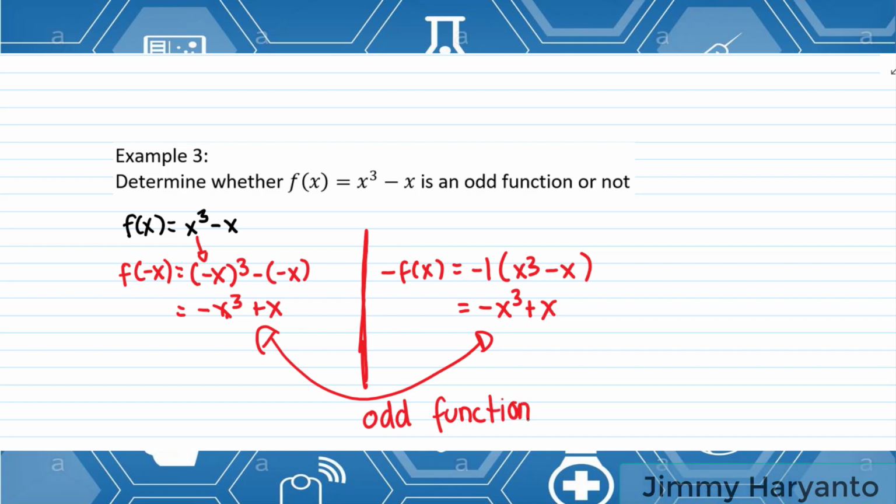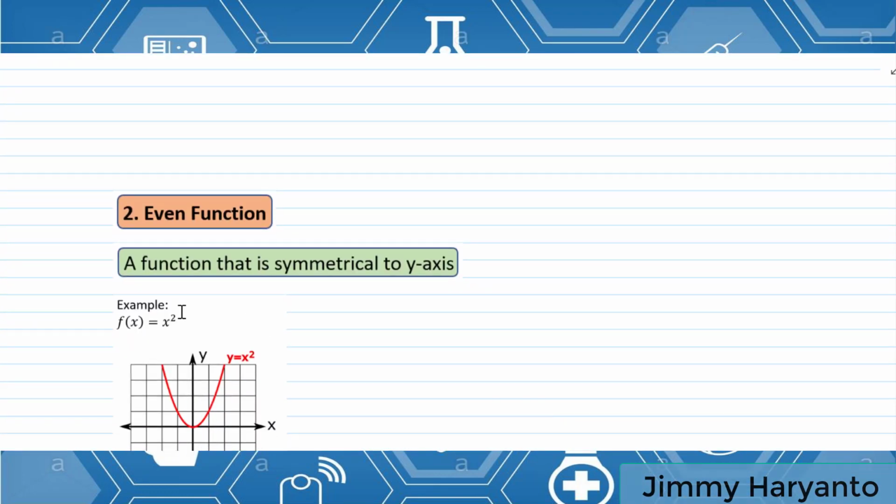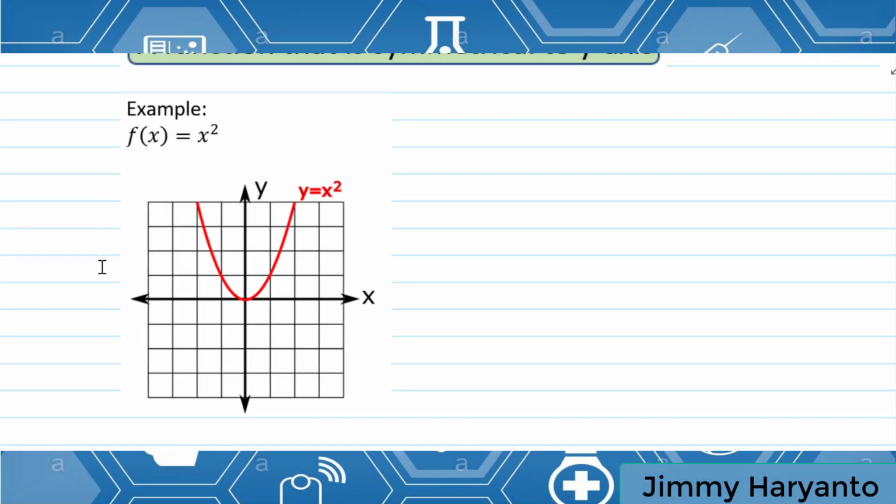Okay, that is for odd function. Next we go to even function. An even function is a function that is symmetrical to the y-axis. It means the mirror is the y-axis. Take a look at this. This is one example, x squared, an even function. The mirror is the y-axis.